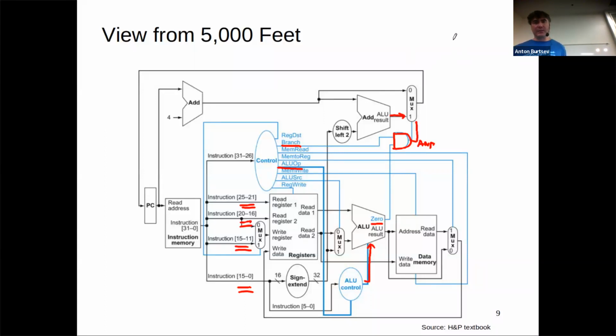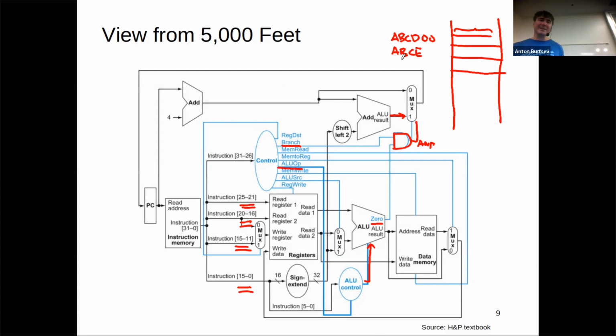The reason is that if this is the memory, and you say all my instructions are aligned at 4-byte addresses, then all 4-byte addresses will be of a form like A, B, C, D, 0, 0. The next one will be A, B, C, E. It's not quite fair to say this, since this is hex and this is binary, but each of these addresses will always have the lowest 2 bits set to 0.